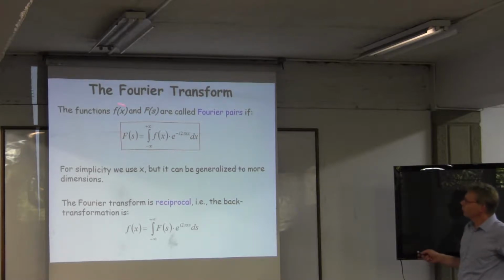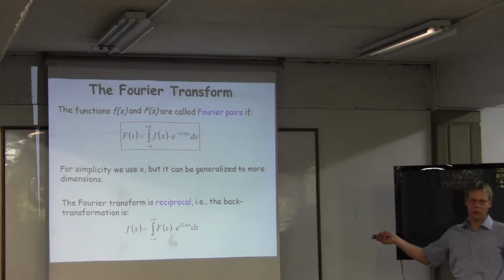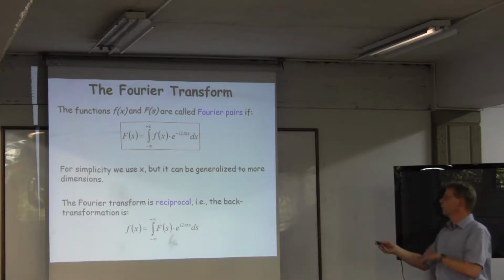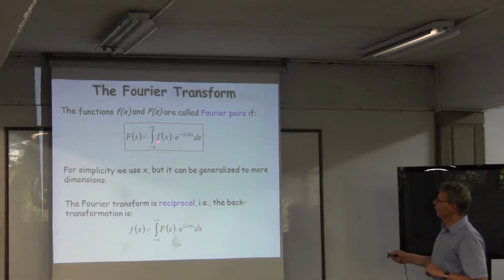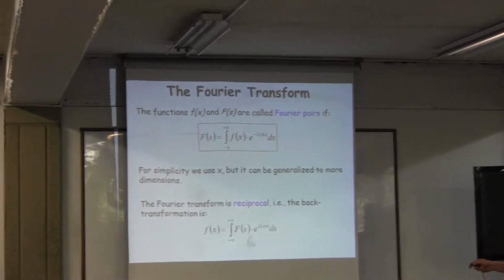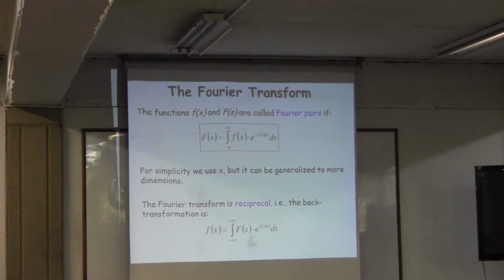You have two functions that are called Fourier pairs, or this one is the Fourier transform of this function f of x. And just not to get confused, we have the one that we use as a starting point with a small f of x, and then the Fourier transform of that we use a capital F and have another parameter s, but they're corresponding.